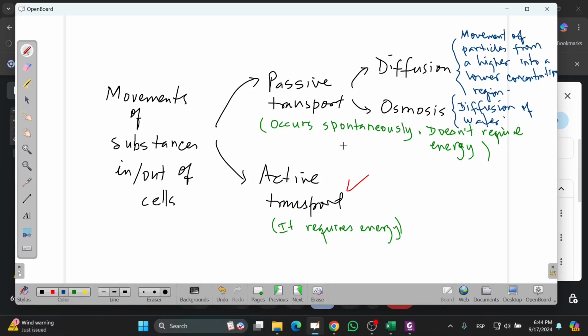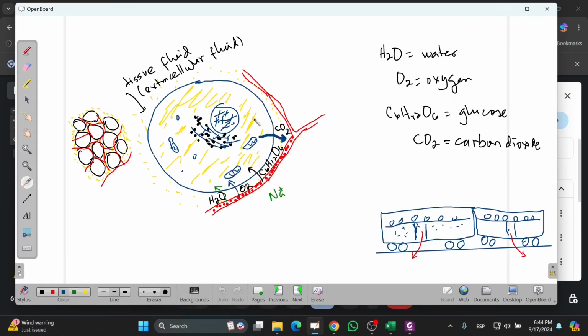Now, one difference is that diffusion may occur outside the human body in different situations, and it does not need a membrane actually. If we talk about the human body, well, yes, substances will be diffusing through the cell membrane.